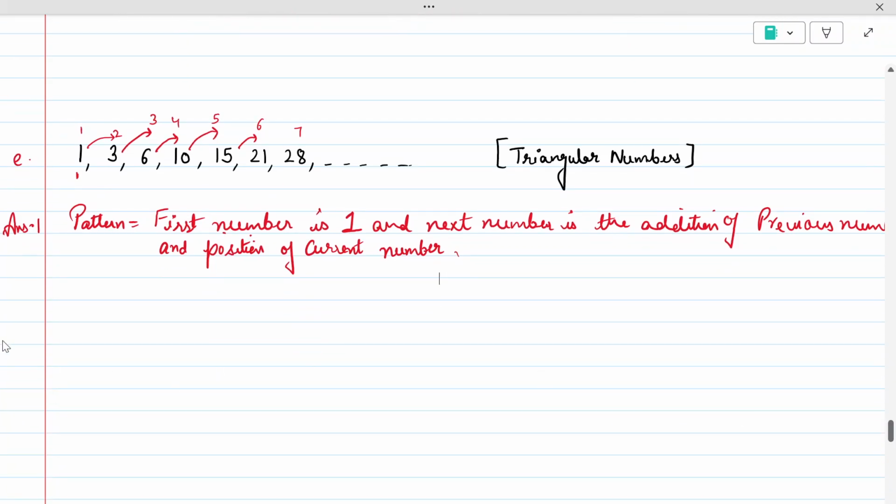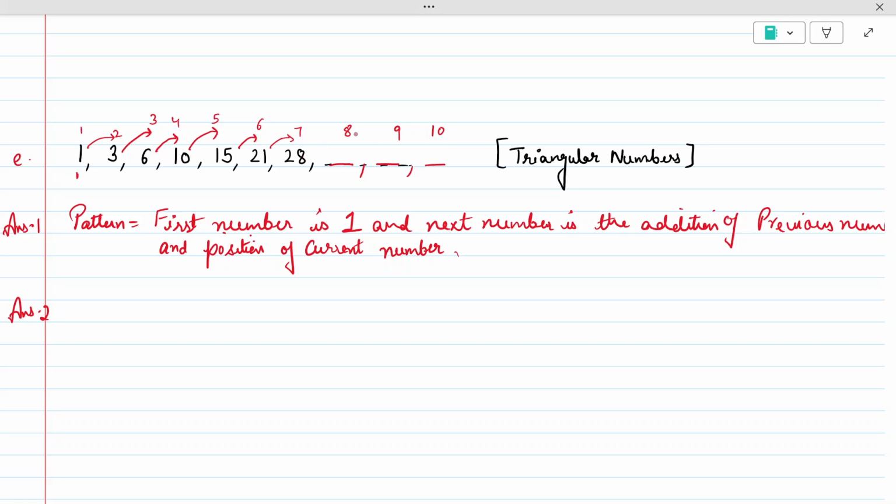Now, the second part of this, where we have to find the next three numbers of the sequence. So, let us try to find out here. This is 28. Now, 21 plus 7 is 28. You added this and we'll get this. Now, after 28, these are the three places I'm forming. We have to add 8, 9 and 10 because these are the places.